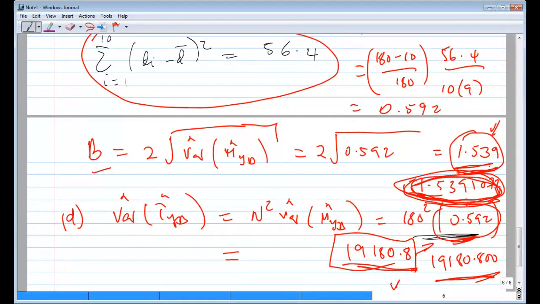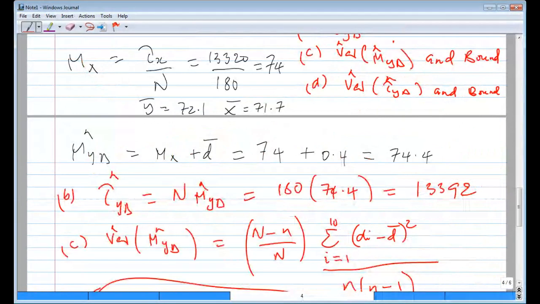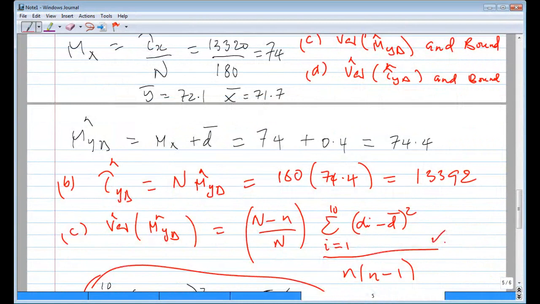Yes, I'm listening. Sir, I think the better way is to use the simplified one you gave us, where you use n into n minus small n, divided by the small n, then multiply by the standard deviation of the di. You mean this one? Yes, I agree.